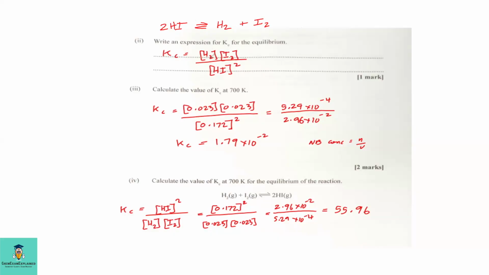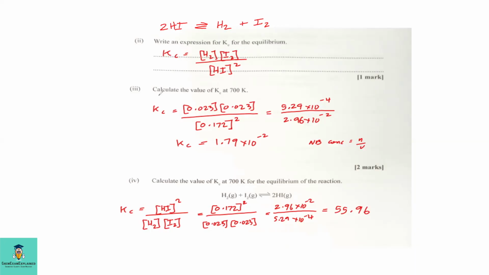So it is the concentration of H2 times the concentration of I2, where the coefficient is 1 so we don't show it, divided by the concentration of HI raised to the power of 2. And that will give us the equilibrium expression.